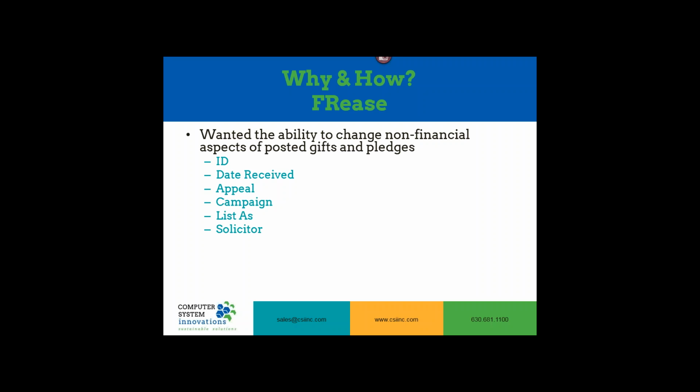What if there was a solicitor you needed on there and you forgot to do it? How about changing the acknowledgement information? What if it should have had a tribute or a memorial on it and it's too late, it's already been posted? We have a lot of people that adjust notes. And then finally, soft credits. If you forgot to put a soft credit on there and it gets locked down.